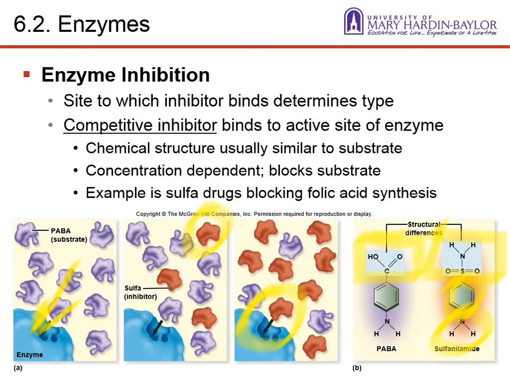But the sulfanilamide is different in structure at the top end, the way they depicted it, than para-aminobenzoic acid, and the enzyme can't catalyze that reaction. And the same affinity that brought that sulfa drug into the active site is still holding it there. And so the bacteria can't make the precursors that are necessary to make DNA, and therefore it can't grow. And it sits there and says, I want to grow, can't do what I need to do, so I'm going to sit here.